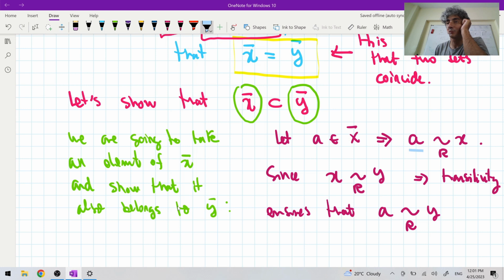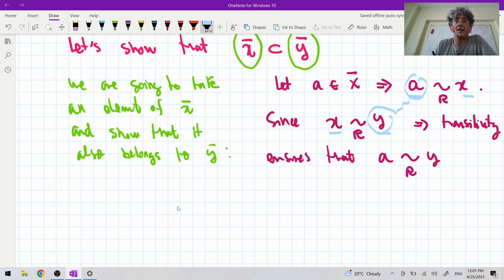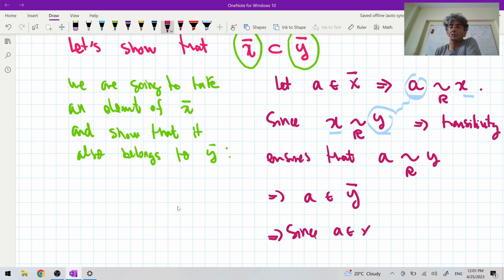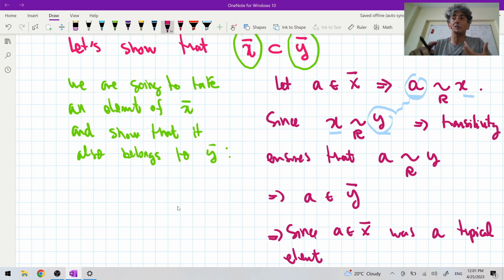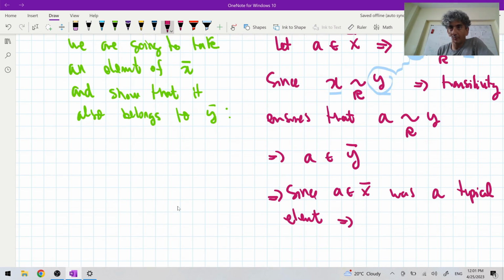If A is related to X and X is related to Y, then A is also related to Y. But since A is related to Y, then A belongs to the equivalence class of Y. So this shows that since A belonging to the class of X was a typical element, this argument holds for every element in the class of X. So every element in the class of X belongs to the class of Y. Okay?